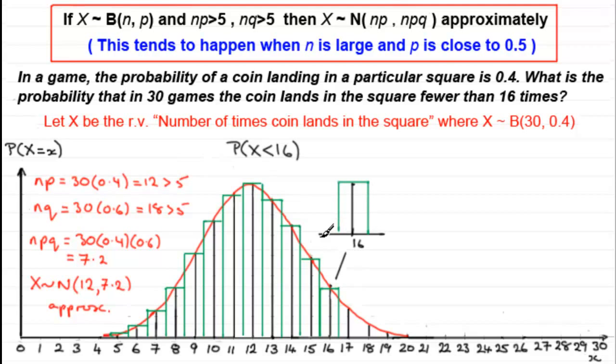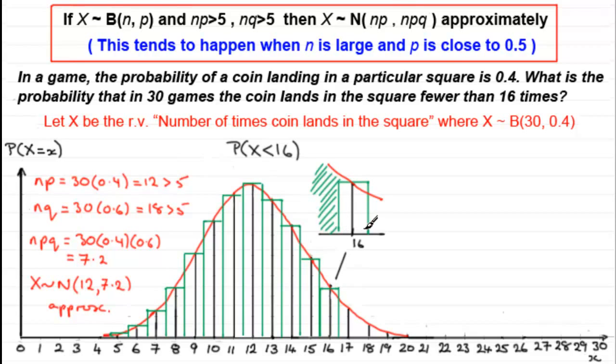So we're trying to work out the probability of being less than 16, so we want the area to the left of it but not to include the 16. So what we do is we have part of the graph coming through like so, and the area that we want is to the left of 16 but doesn't include it, so we go up to the left hand side of this rectangle.